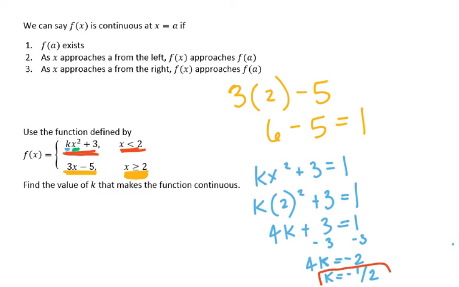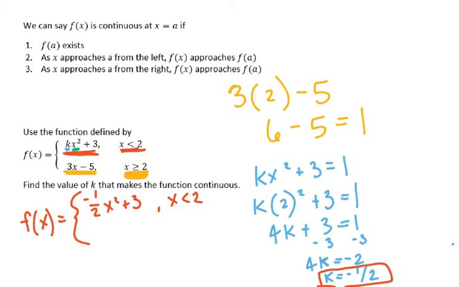So this tells us that if we substituted negative 1/2 into this function here, we are going to get f of x equals negative 1/2 x squared plus 3 for x is less than 2, and 3x minus 5 for x is greater than or equal to 2. And this piecewise function here is continuous at x equals 2.